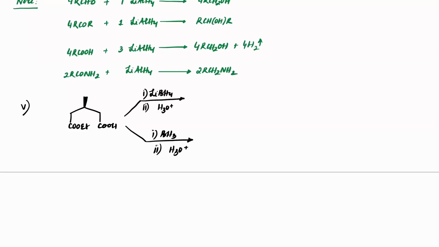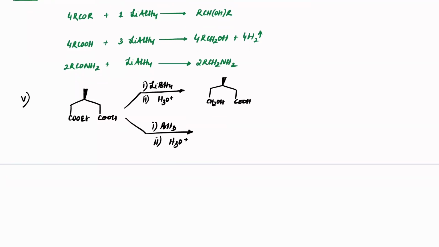Now listen up. Lithium borohydride is specifically designed to convert esters into alcohols. That has no role whatsoever with acids. So the acid would remain the same like this, and the ester will convert into an alcohol. While the reverse will happen with BH3.